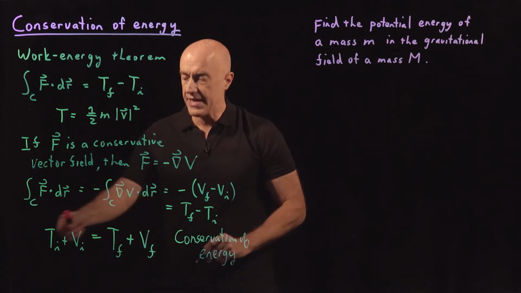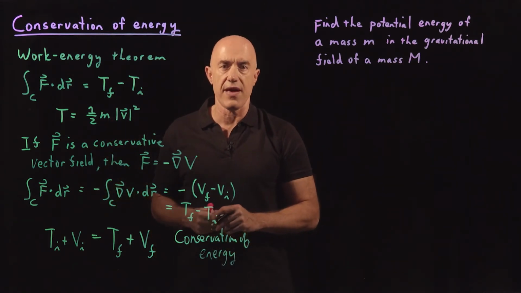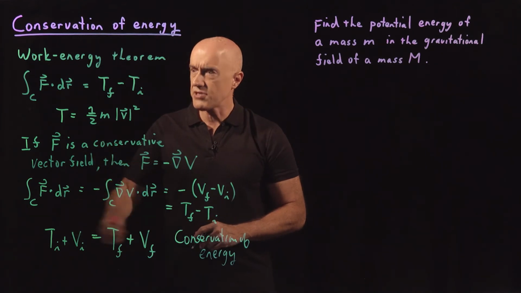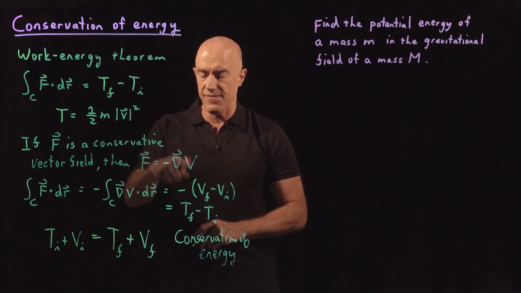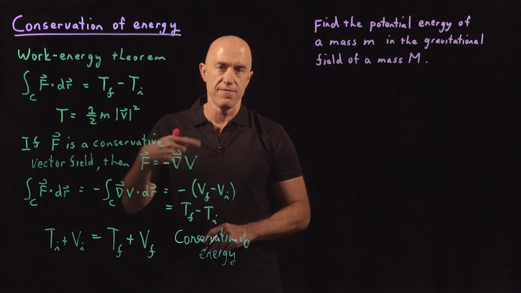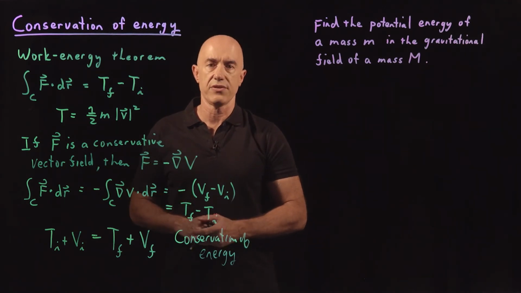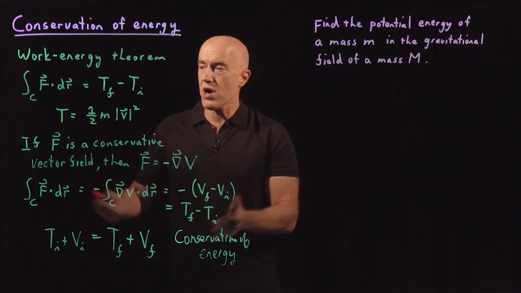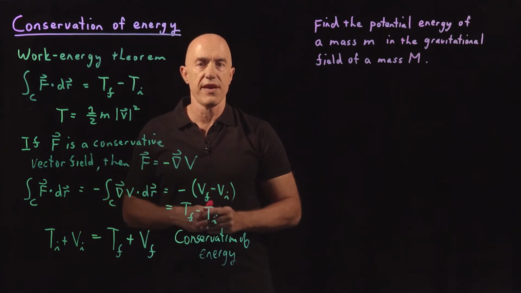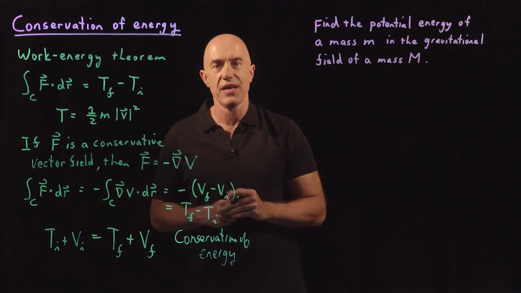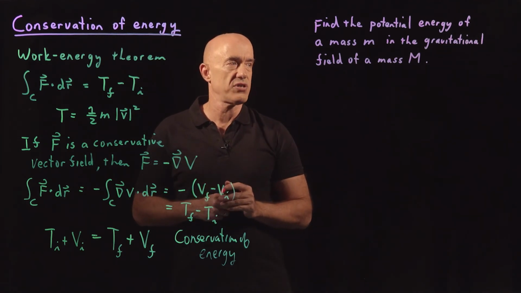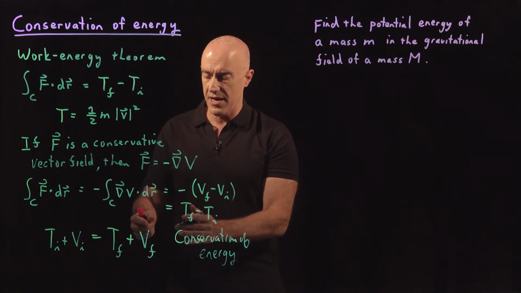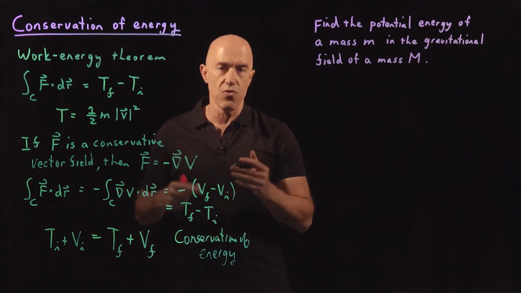Okay? So the kinetic energy is quite simple, 1/2 mv squared. The potential energy depends on the force. So it depends on finding a V such that the force is equal to minus the gradient of V. And V is the potential energy. So to work a problem using conservation of energy, which I asked you to do as one of the reading problems after this lecture, you need to know what the potential energy of the force is.